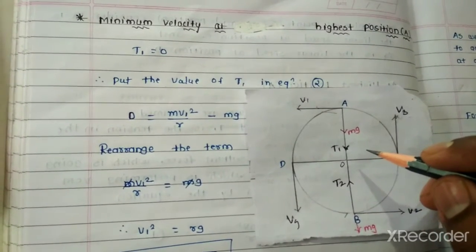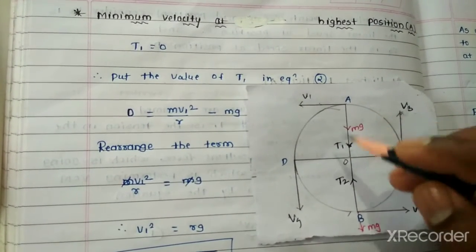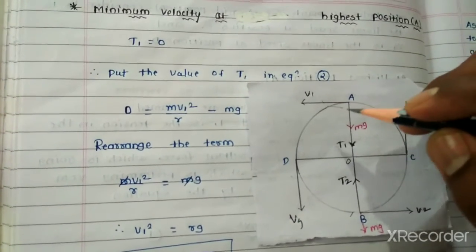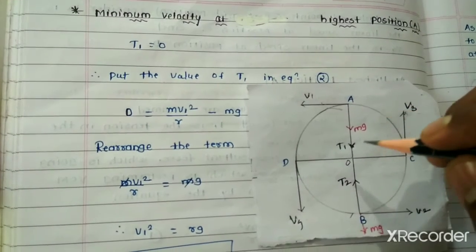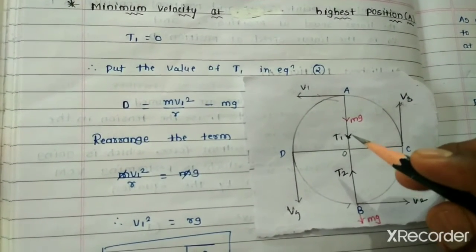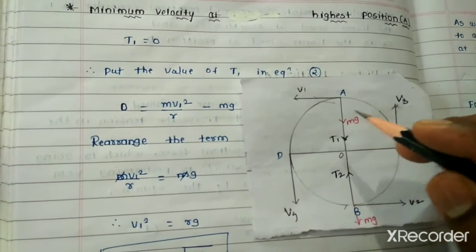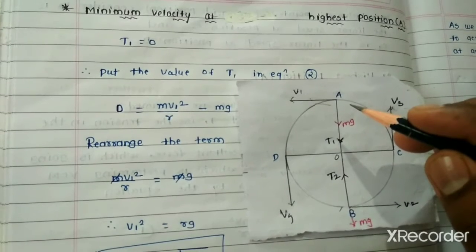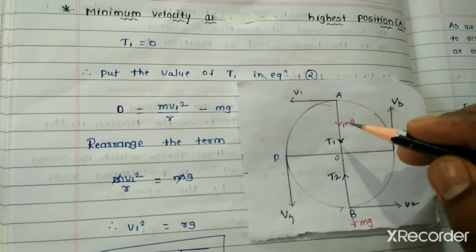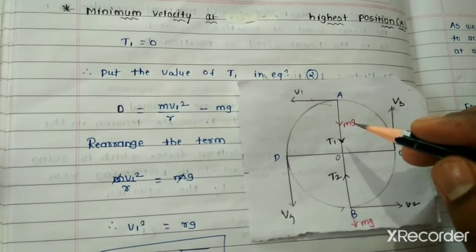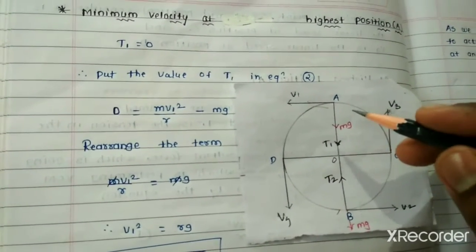Even though the tension T is 0, the particle is still able to complete the vertical circular motion. Because in this case the required centripetal force is provided by the weight of the object itself, and the motion is such that the string should not be slack, and here the string also does not go slack.